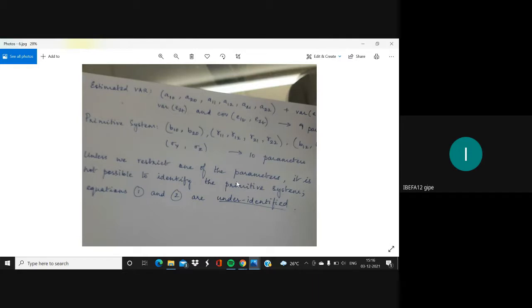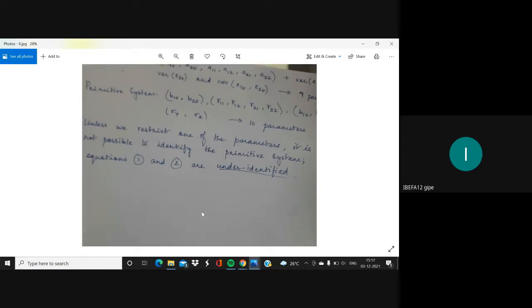Unless we restrict one of these structural parameters, it is not possible to identify the primitive system, and equations 1 and 2 will be under identified, since there are more structural parameters that we need to estimate, but we have fewer estimates available from the VAR model in the standard form. That's why it's known as under identification. You will not be able to recover unique estimates of the structural parameters.